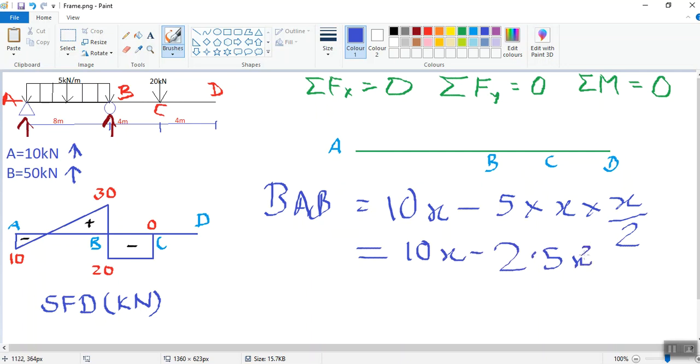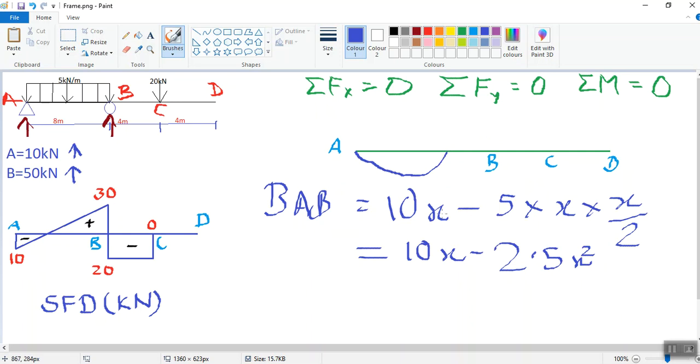So for x is equal to 1, we have bending moment 7.5, for 2 10, and again goes to 7.5 for 3, then goes to 0 at x is equal to 4.